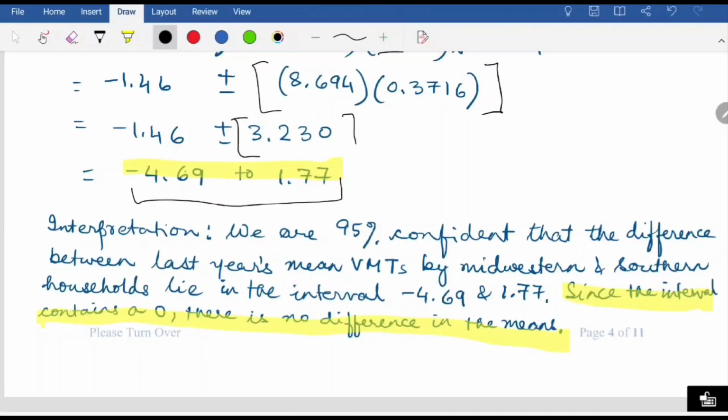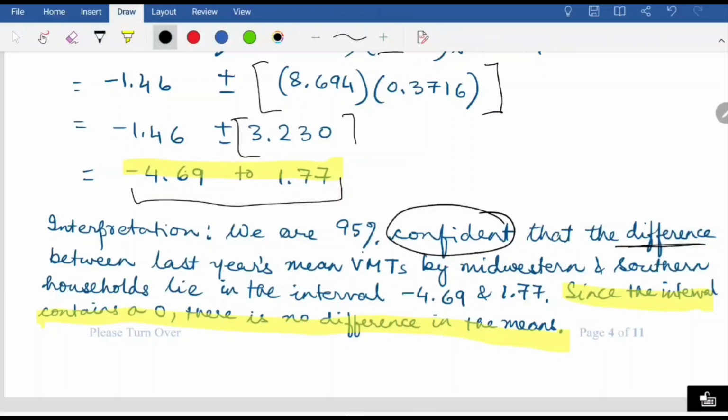Again, for the confidence interval also, you need to interpret. We are 95% confident. This time it's not the 5% significance level or the 95% significance level. There's no significance level for a confidence interval. It's 95% confident. That's the word you have to use. But the difference, again, is a key word in chapter 10.